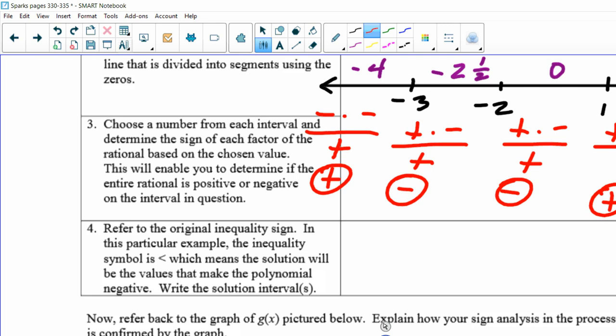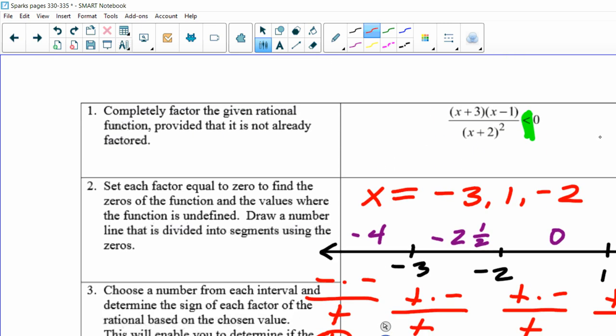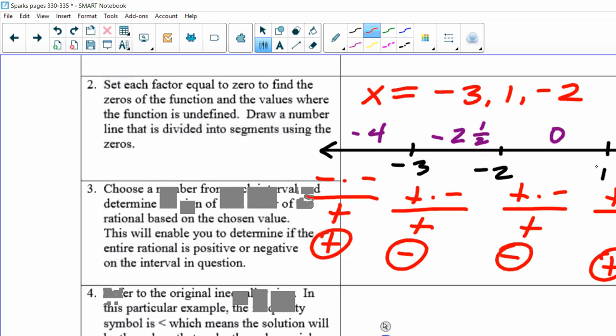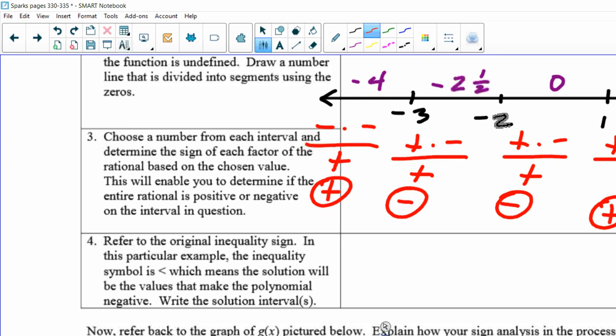If so, then that means -2 is included. No. Is -2 an answer? No. It's an asymptote, so can we make this with one interval, -3 to 1, or do we need to make it 2 intervals? Yeah, we're going to need to make this 2 intervals. So we're going to say -3 to -2, and then -2 to 1.